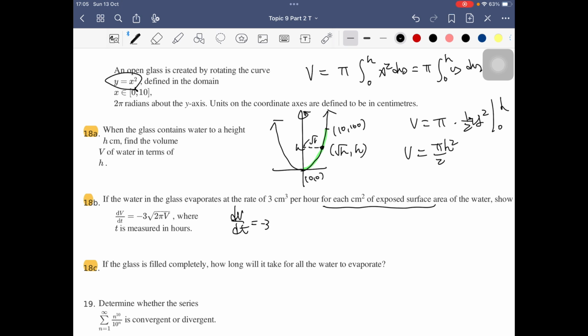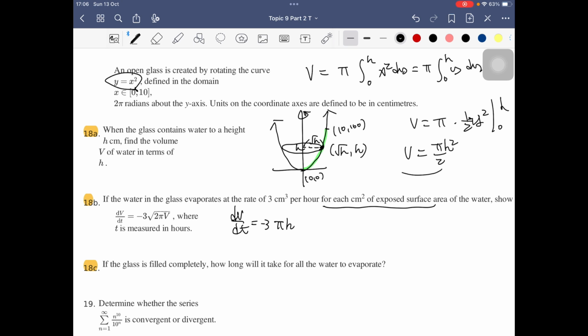When it is rotated here, the surface area is a circle whose radius is the square root of h. So the exposed surface area is pi r squared, so pi times the square root of h squared, which is pi h. So this is dV over dt.